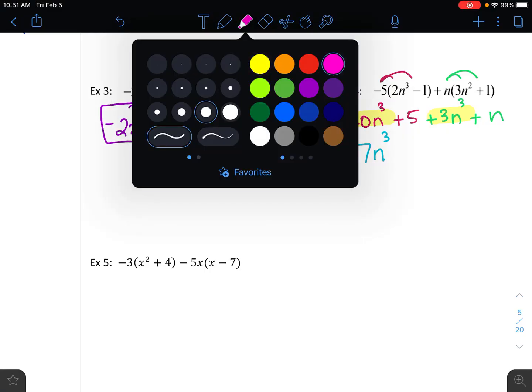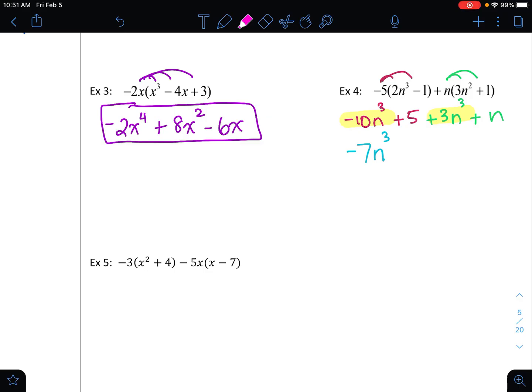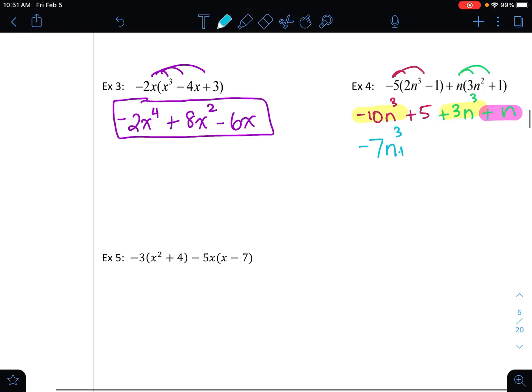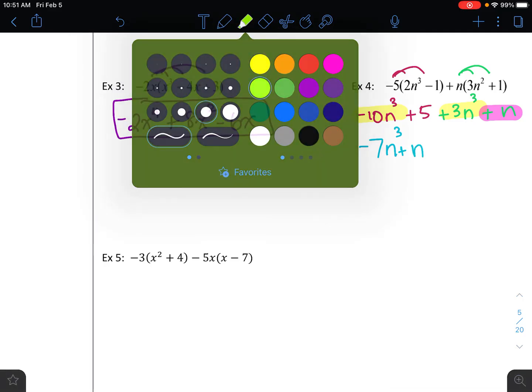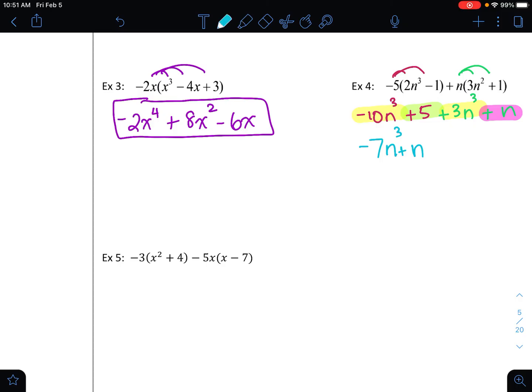I see that I have here, I'm going to put this in standard form. So I'm going to look at n. It has nothing to combine with, so I'm going to just bring it down here to the next step. And then what I have here is the plus 5. It just comes down to the next step as well. So in standard form, negative 7n to the third plus n plus 5.